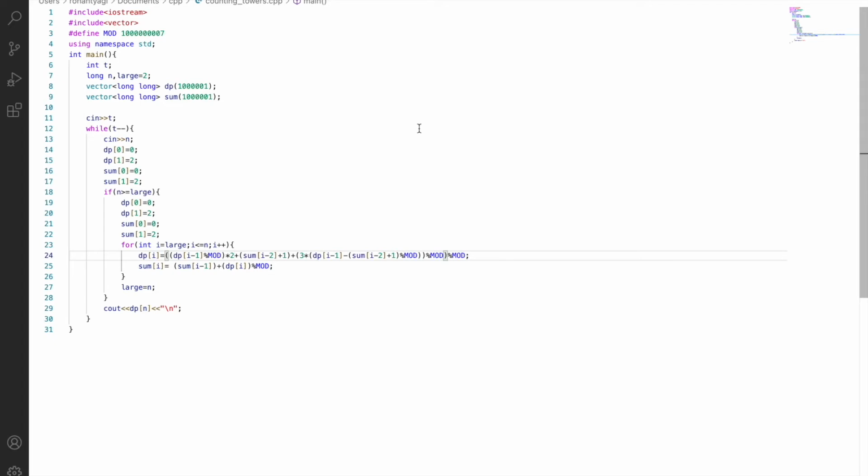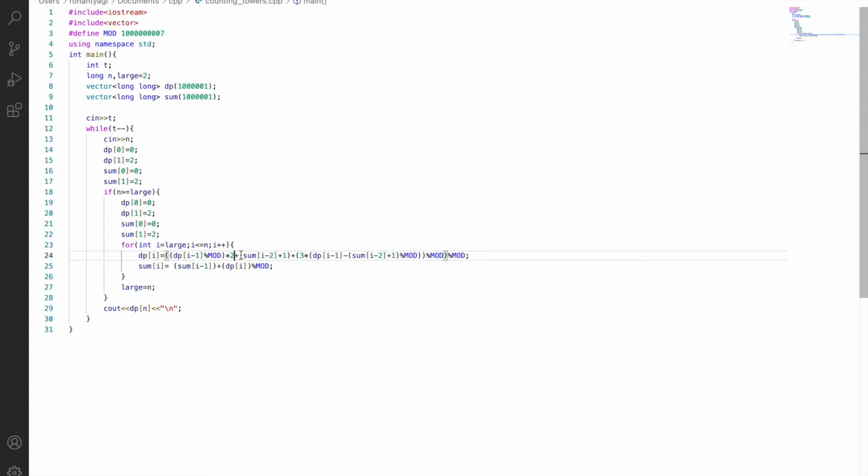All the solutions of the previous layer are stored in dp of i minus 1, and the possible solutions for the new layer can be either both the boxes merged, or both the boxes independent. So we have two possible solutions. We can multiply 2 with the previous solution, and we get dp of i minus 1 multiplied by 2.